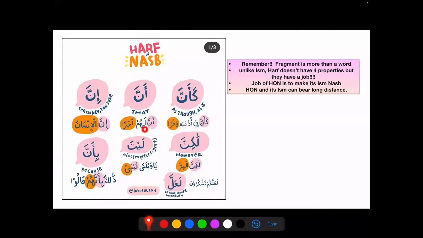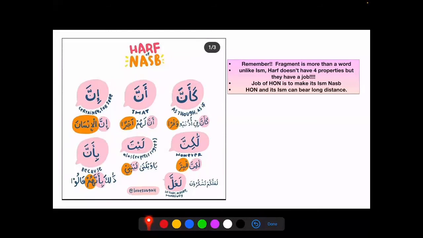Because lahum is basically a jar majroor fragment, right? As I said before. And anna can affect an ism, not the harf. This la over here is harf, right? So that's why it's not its victim. Rather, it is another fragment, a jar majroor fragment, which we learned last class.